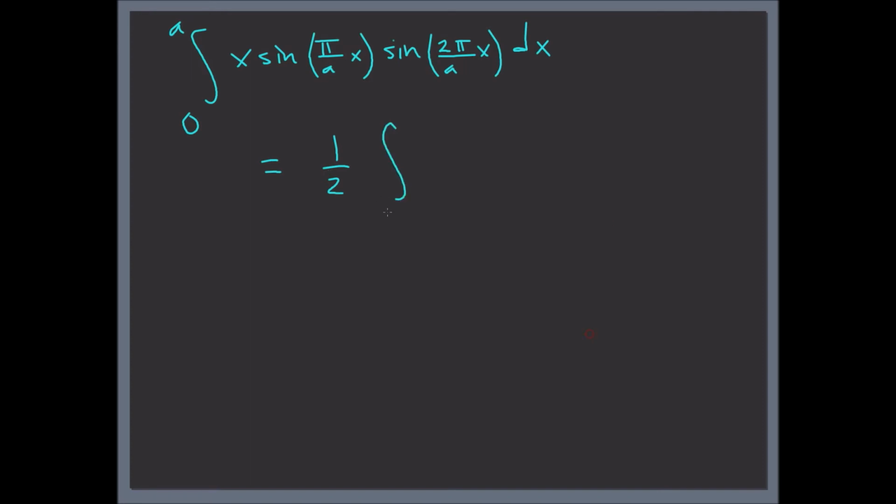The integral from 0 to a of x times cosine of pi divided by a x minus cosine of 3 pi divided by a x dx. One is addition, one is subtraction.